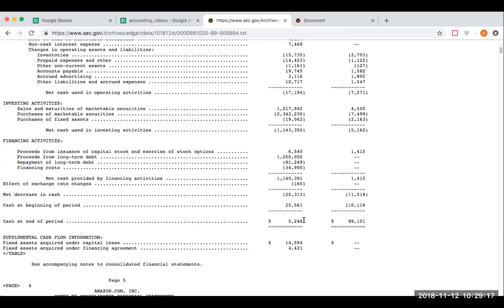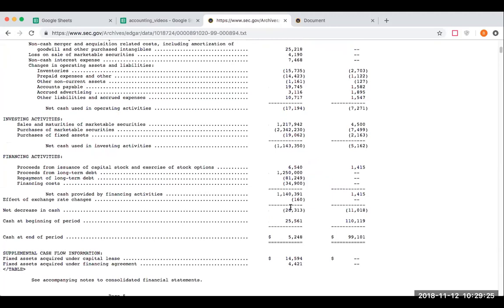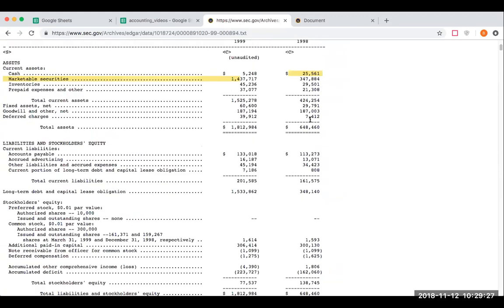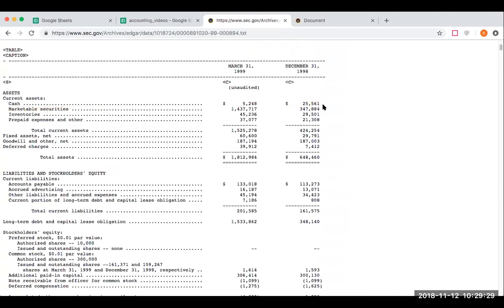And I come down over here to the cash at the end of the period. And this is really what the statement of cash flows is showing us. How did we get from our beginning cash, or December 31st, 98, to my ending cash balance? And where did that all come from?